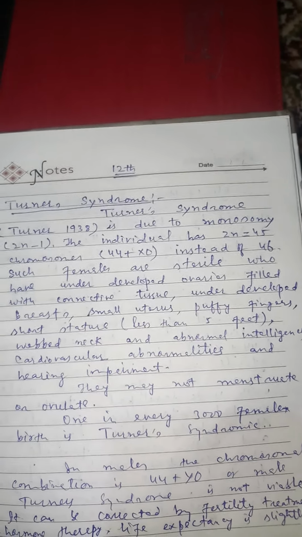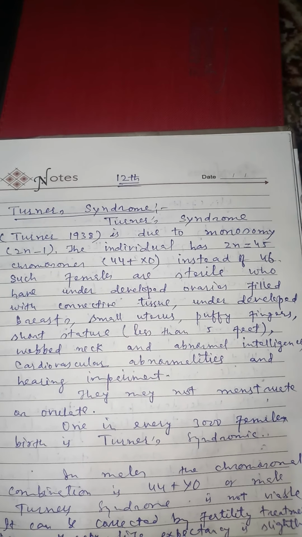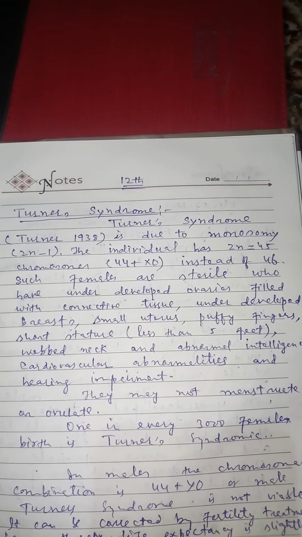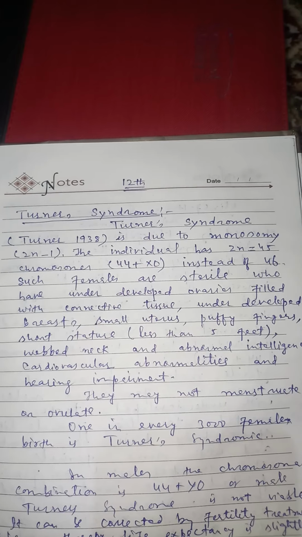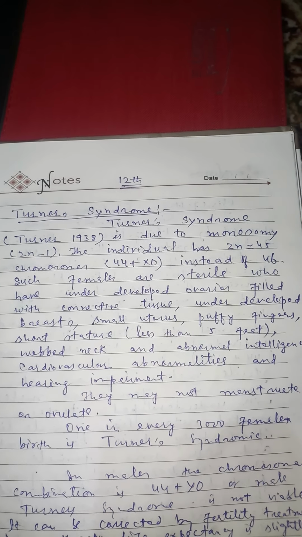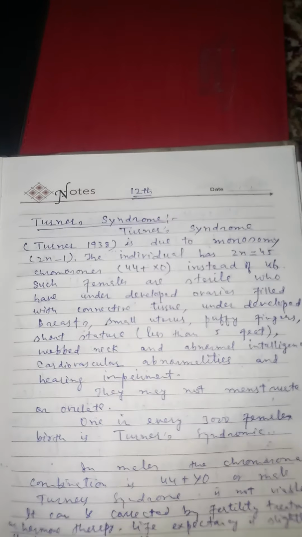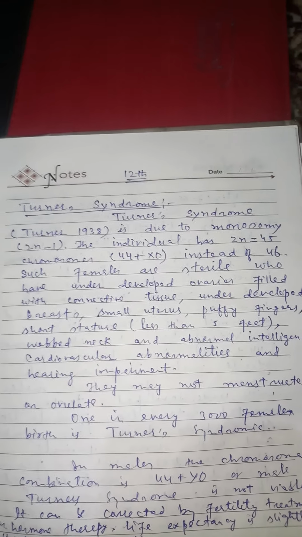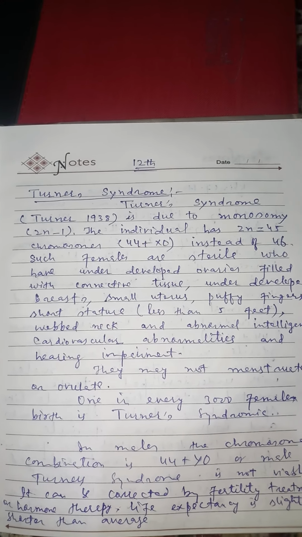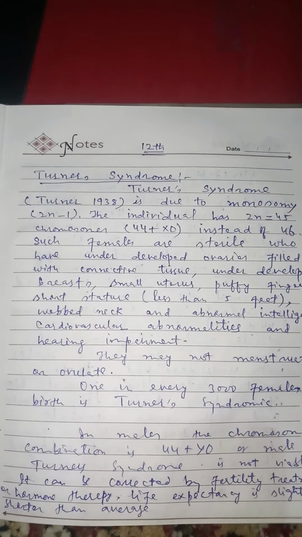They don't have average or normal IQ, but their intelligence remains always abnormal. And they also have cardiovascular abnormalities, and they also show hearing impairment. That means they don't hear normally. These were a few of the characters of a female suffering from Turner syndrome.